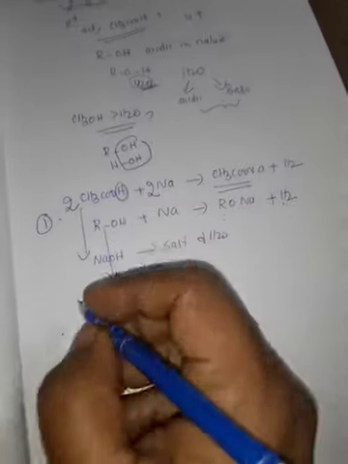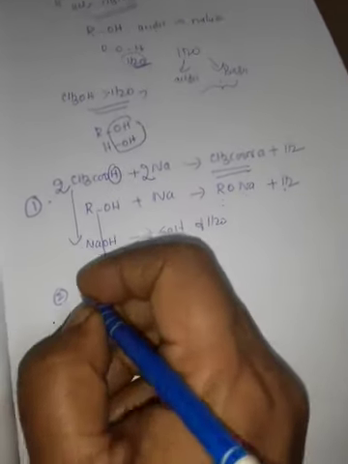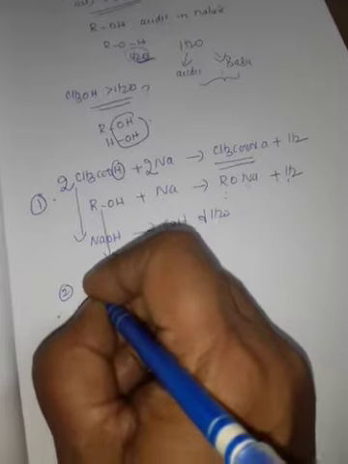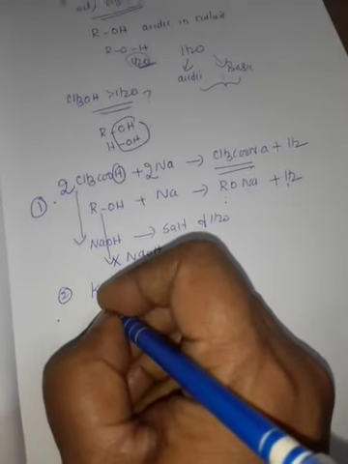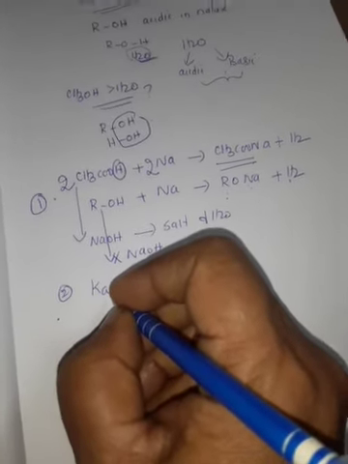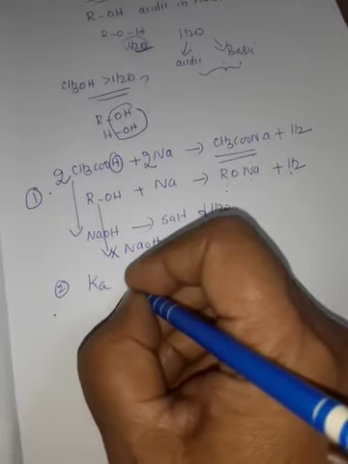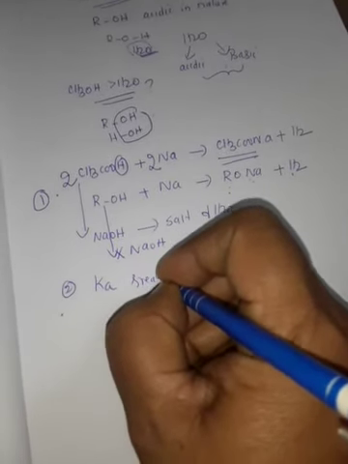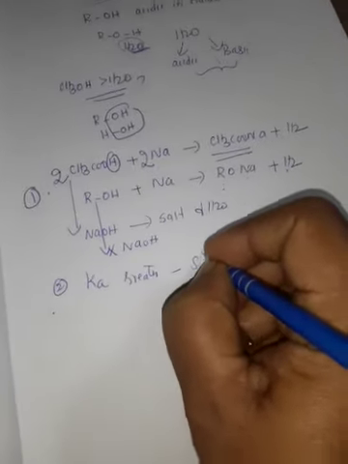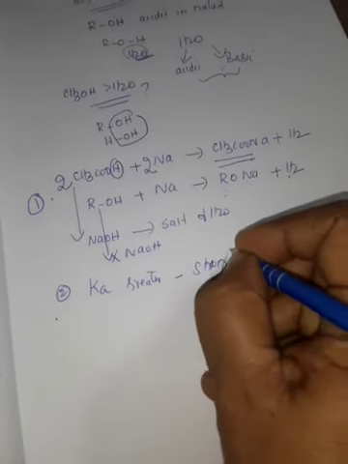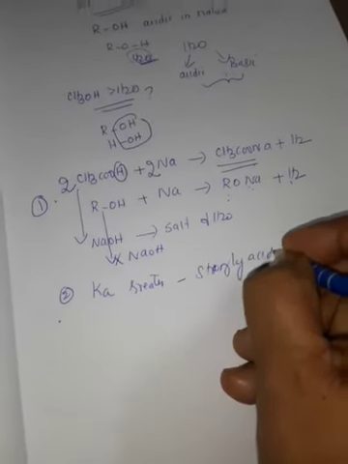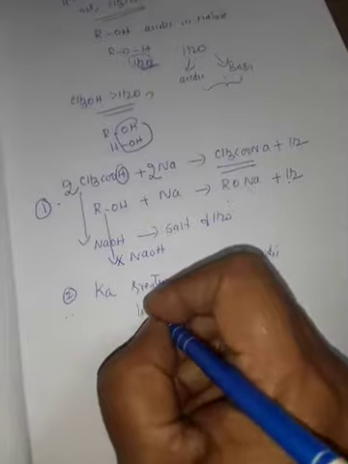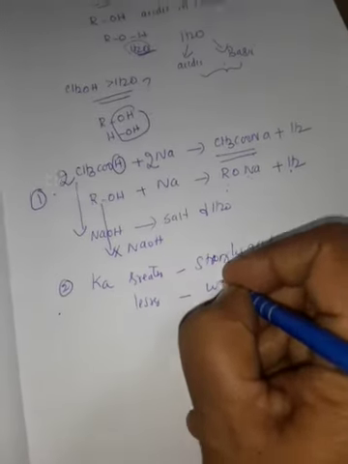Now, one more evidence we can see, the second evidence. For example, the Ka value. Ka means dissociation constant. If the Ka value is greater, it is strongly acidic. Lesser means weakly acidic.